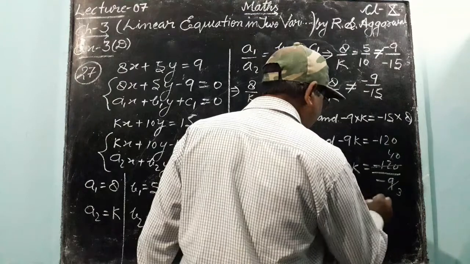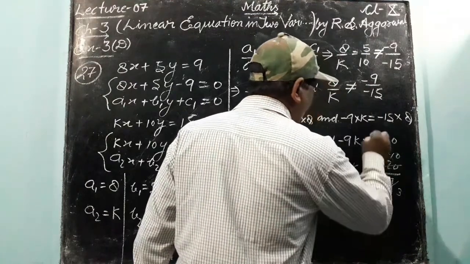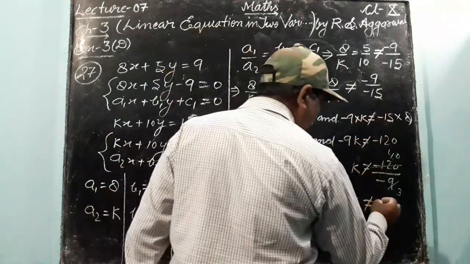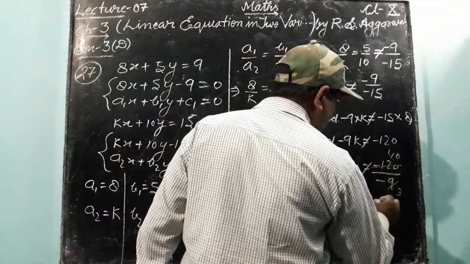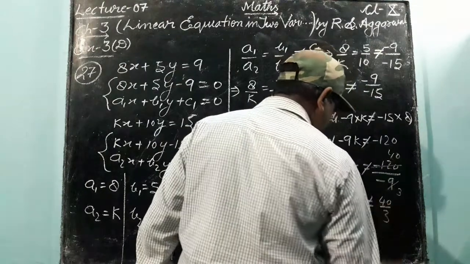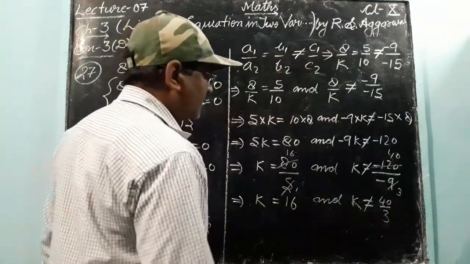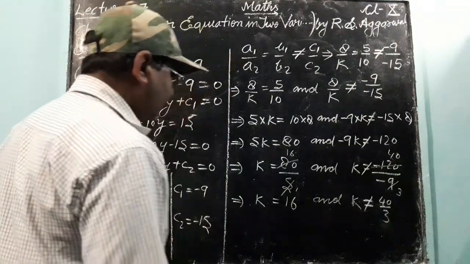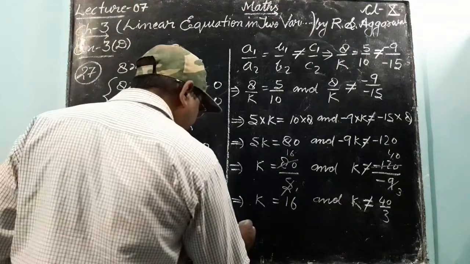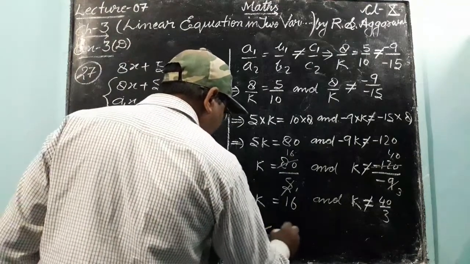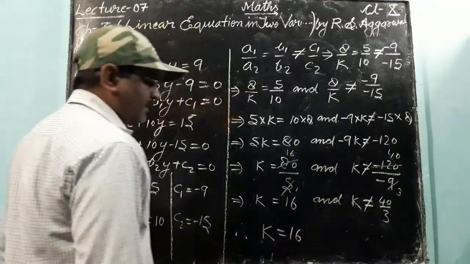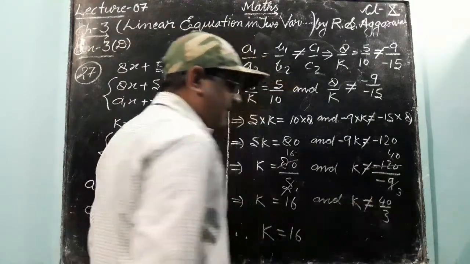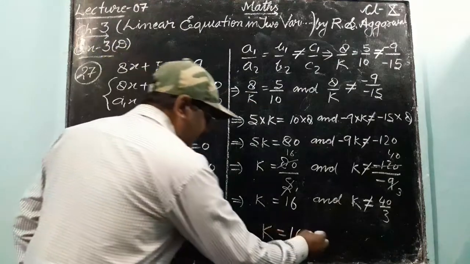Then it will be k is not equal to, here you always write not equal to, 40 upon 3. Yes friends, in this way, therefore k is equal to 16, and k is not equal to 40 upon 3, so that will be the answer.